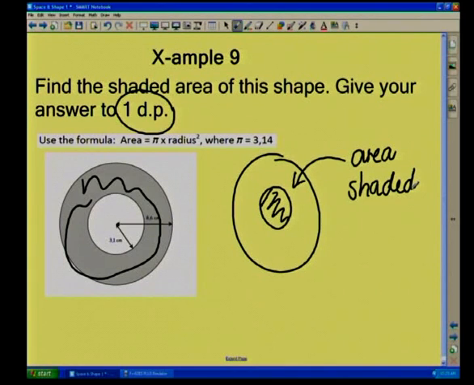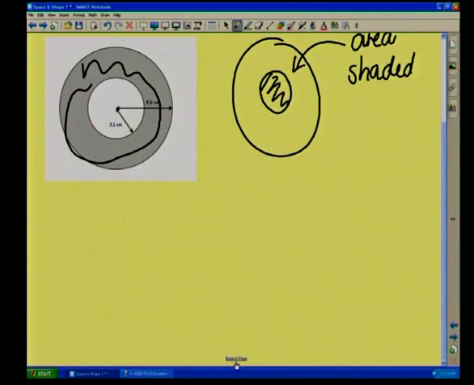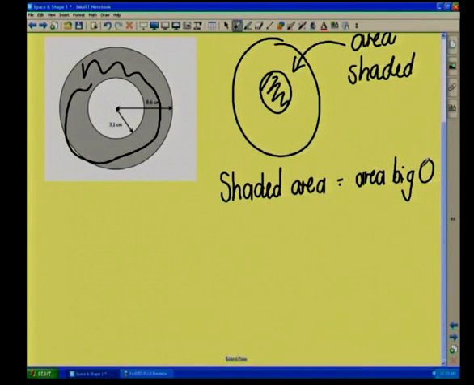So I'm going to write my own little formula. So the shaded area is equal to the area of the big circle minus the area of the small circle.